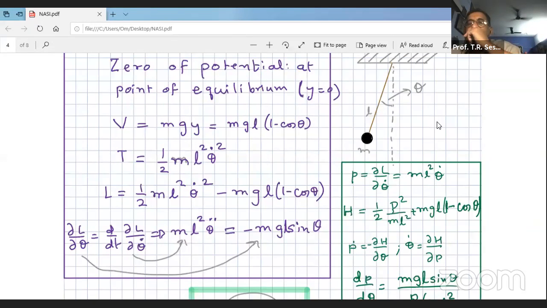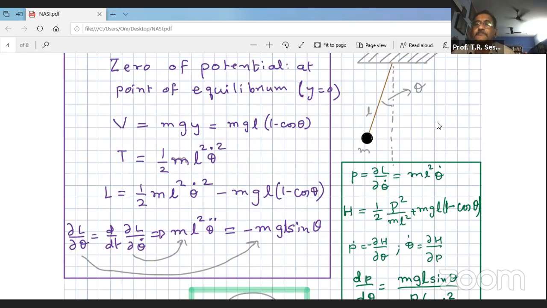Now the kinetic energy is half m, and the arc length is L into theta. So the velocity is L theta dot. So velocity squared is L squared theta dot squared. And so you have half mass into velocity squared, which is half m L squared theta dot squared. There is a different way also you can look at it.